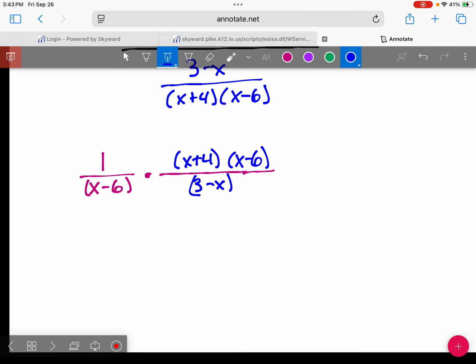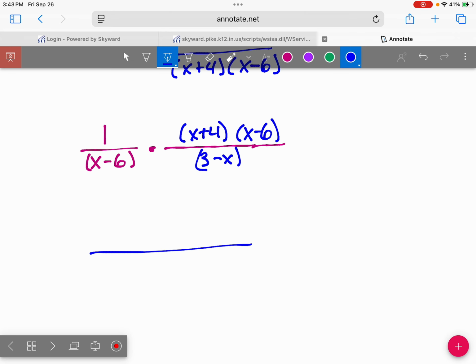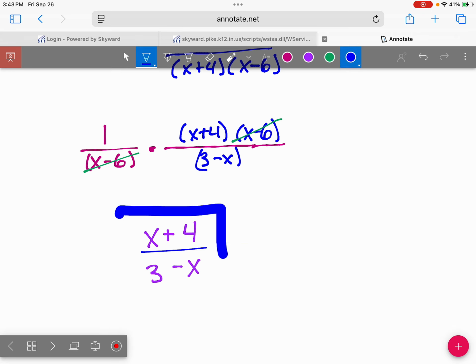When we multiply these together, this piece and this piece are going to cancel out. We're just going to be left with x plus 4 over 3 minus x. So this is actually going to be our new function. This is our simplified form. So it's simplified down fairly small.